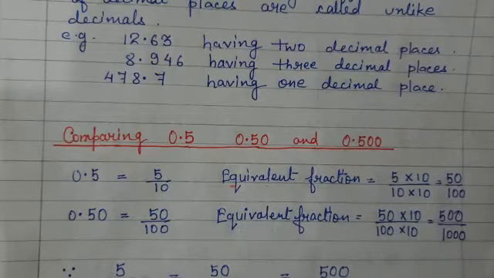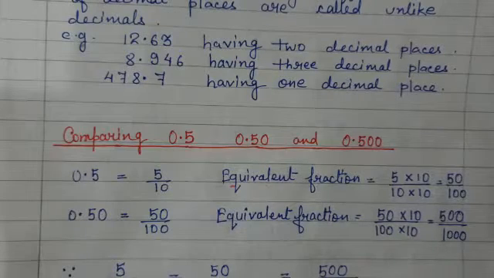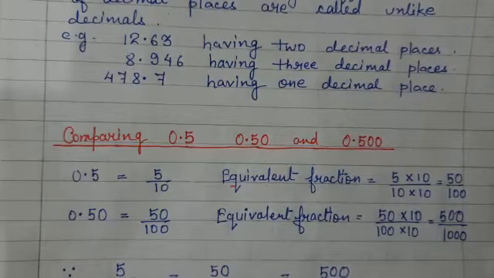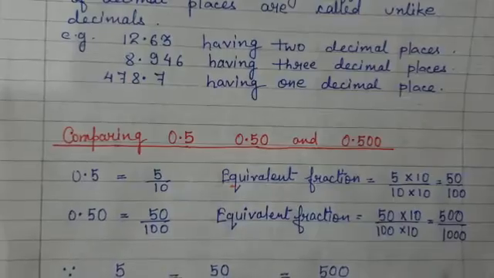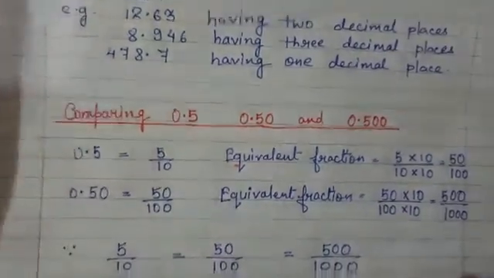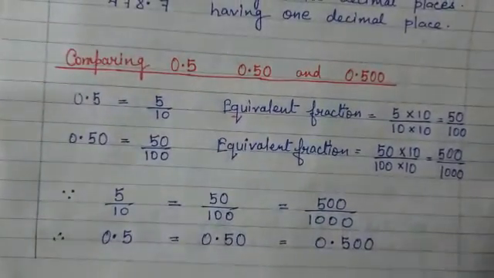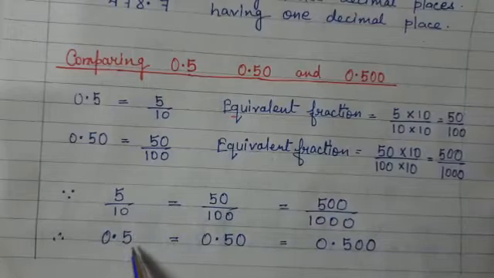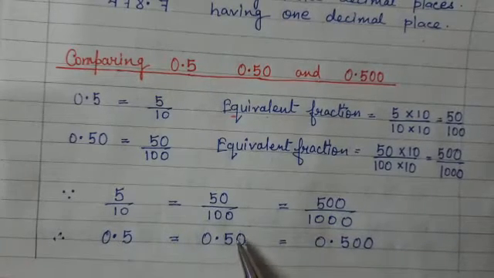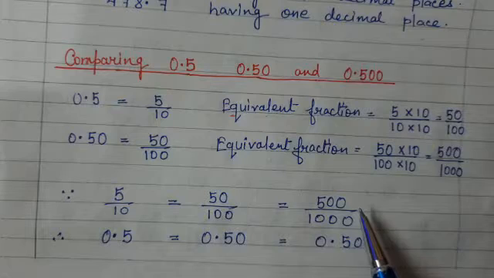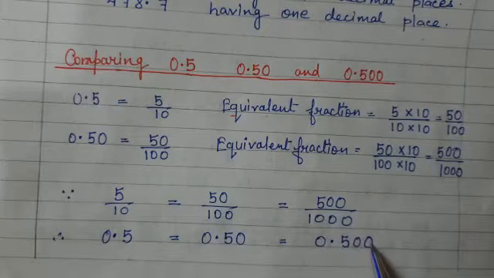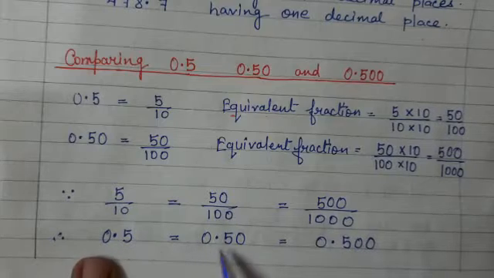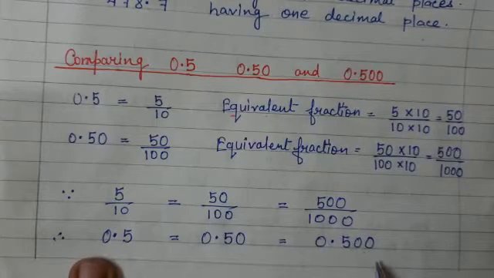Therefore, all these three are equivalent fractions and their decimals are also equivalent decimals. How? Look at here. The decimal for 5 upon 10 is 0.5, 50 upon 100 is 0.50 and 500 upon 1000 is 0.500. So these three decimal numbers are equal.